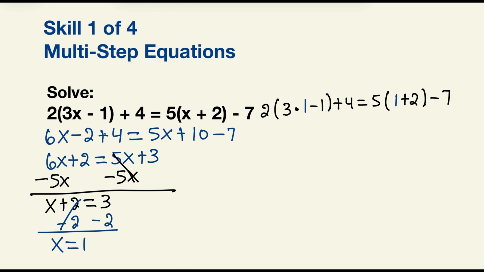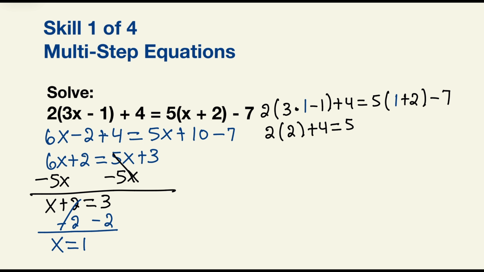All right, so we have 2 on the outside, but then we have 3 times 1 minus 1 enclosed in parentheses here. So 3 times 1 is 3 and 3 minus 1 is 2. So enclose that 2 in parentheses. So we have 2 times 2 plus 4 equals 5, and we have 1 plus 2 in parentheses here.